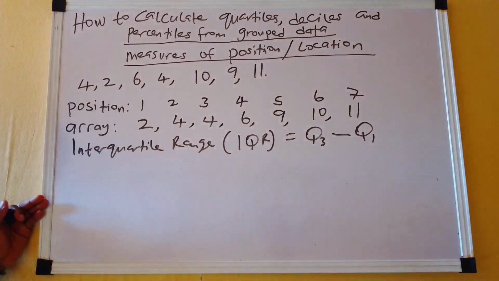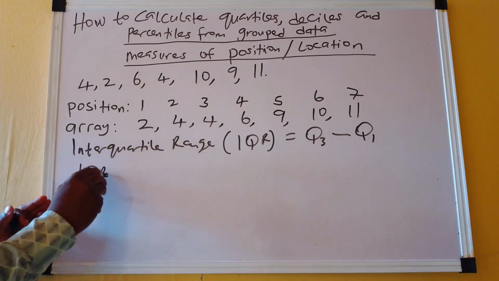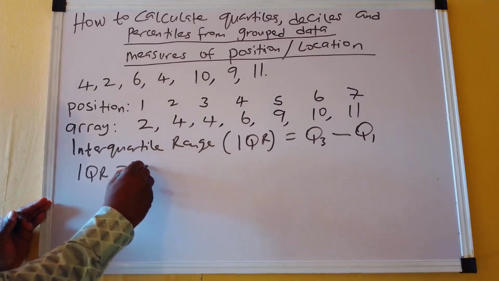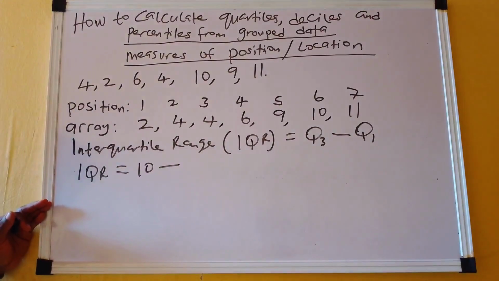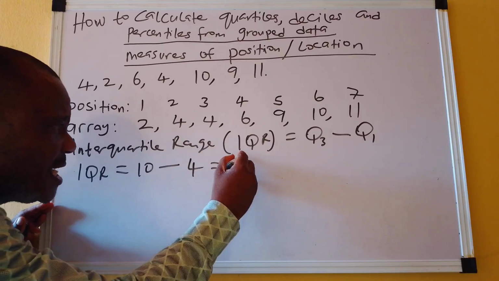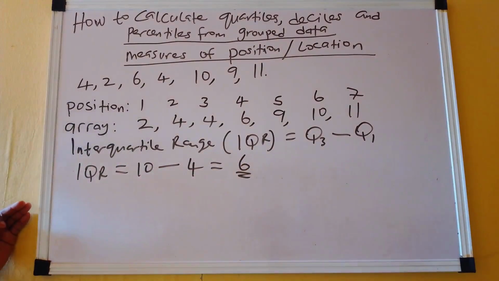From here, our IQR is our Q3, which is 10, minus our Q1, which is 4. The first quartile is 4. So our interquartile range is 6. 10 minus 4 equals 6.